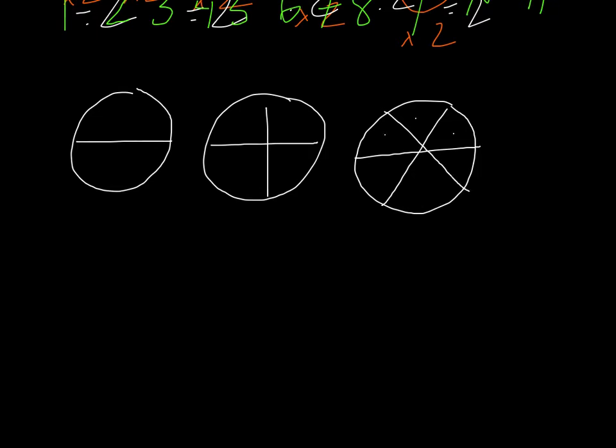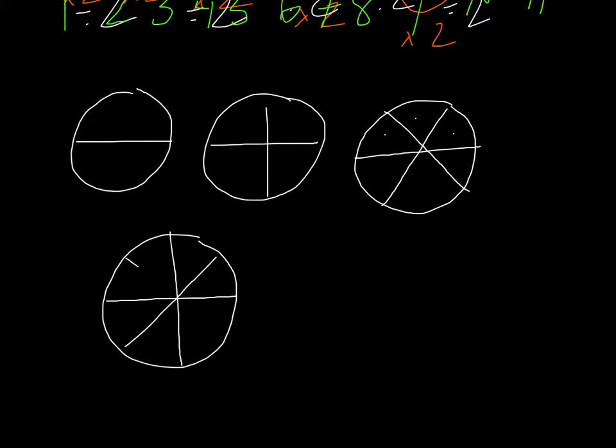So that means that my fourth circle has to be split into 4 equal parts on the top. So I'm going to go ahead and split it into 4 equal sections. And I've got it. 1, 2, 3, 4. Now this last one gets a little tricky because I have to split it into 5 equal sections.